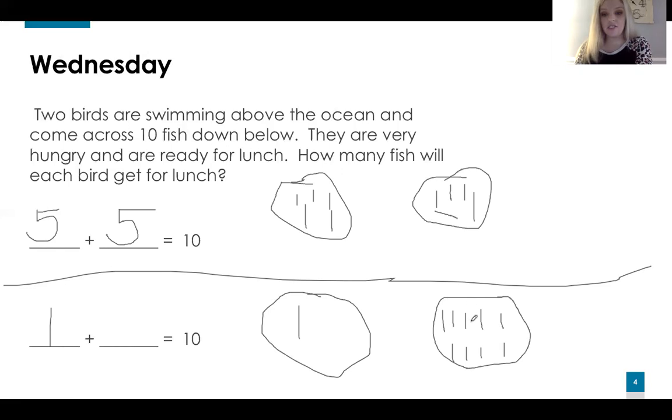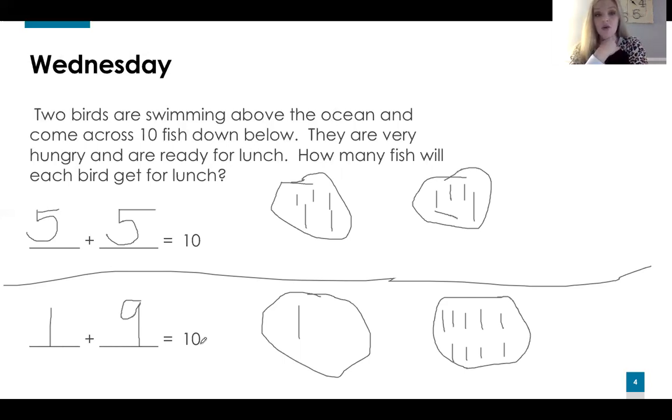How many fish did the second bird eat? Good, 9. All right, so what is my equation? 1 plus 9 equals 10. Okay, is one of these equations more correct than the other? Not at all. There's also many other ways to make 10.